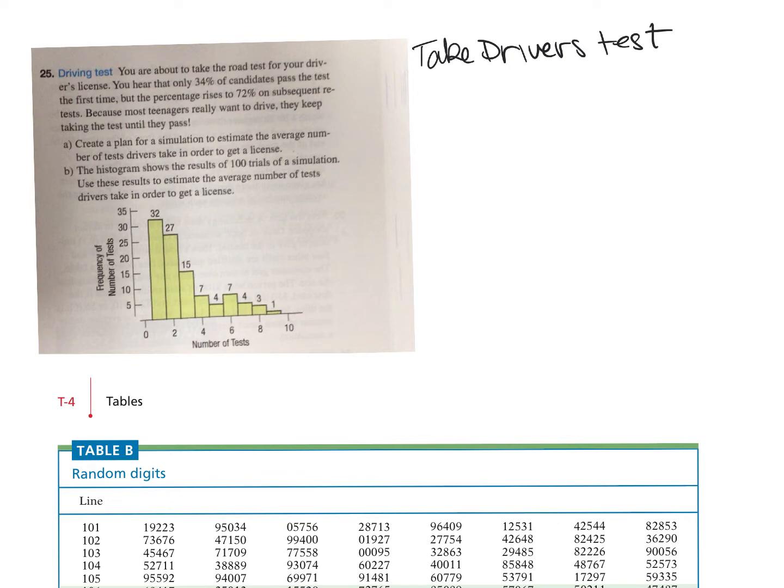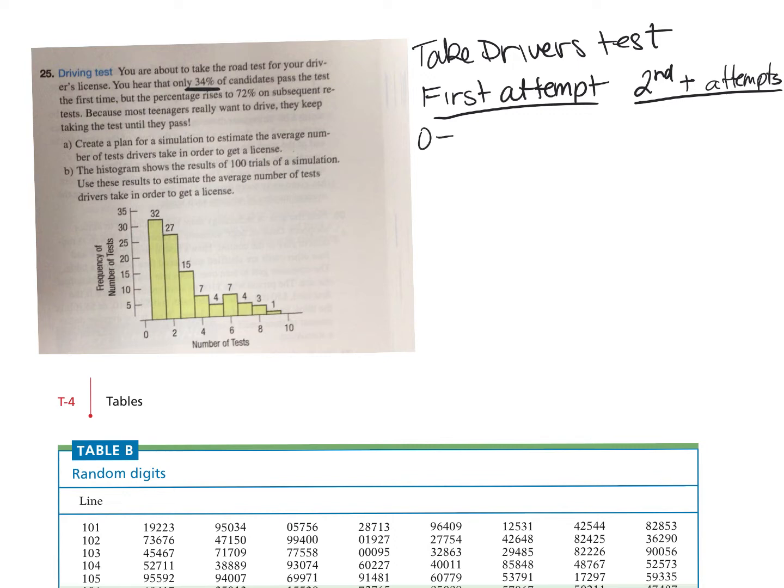We have to set up what numbers we're going to use. So for the first attempt, that's going to be different. And then second plus attempts. Anything after the second attempt has a different percentage. So for the first attempt, 34% of students pass.